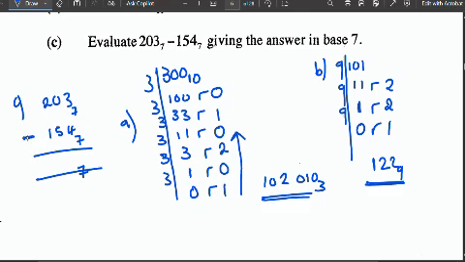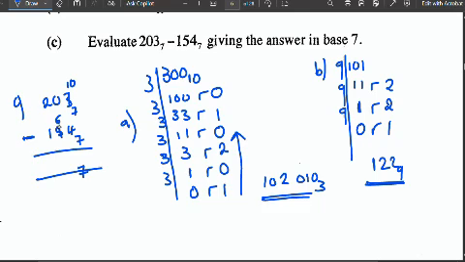We are subtracting, giving our answer in base 7. So 3 minus 4, we cannot. What you do, you take your base and add it to this one. So 3 plus our base, which means 3 plus 7, it's 10. Then once you do that, you add a 1 here, you're getting 6.